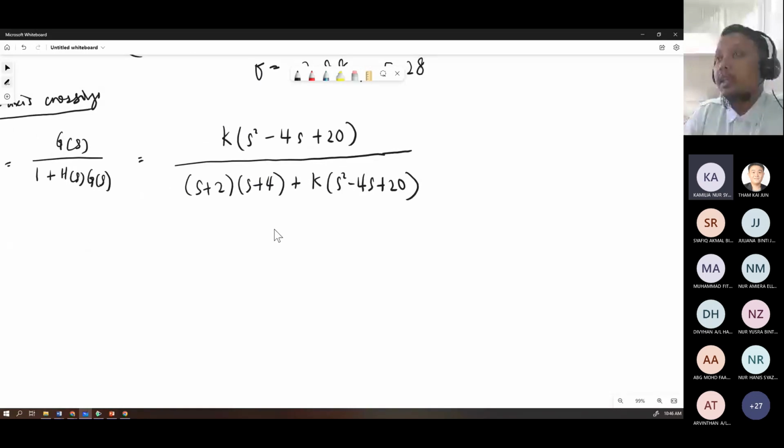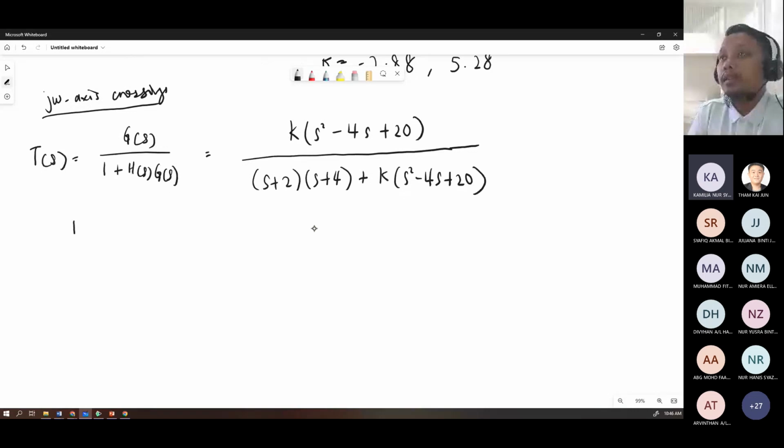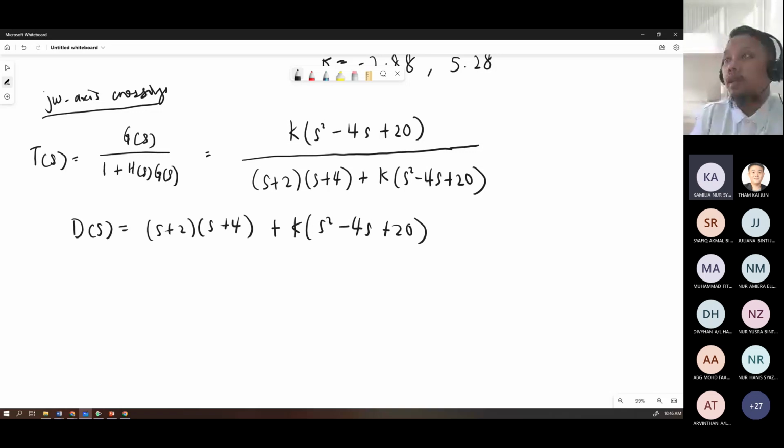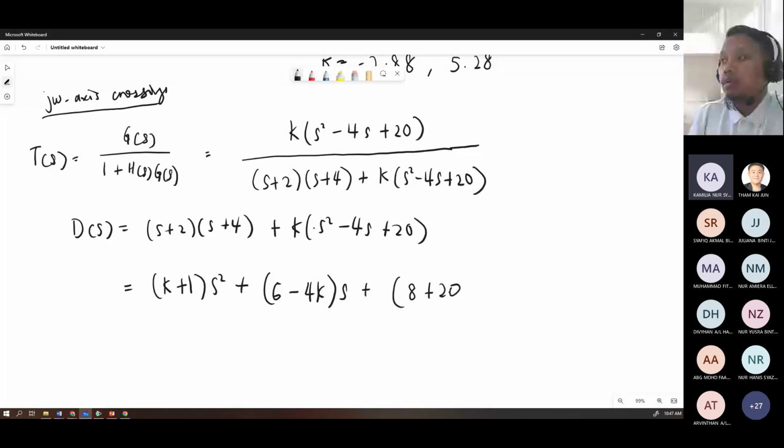Okay, now we take the denominator and then expand it before we can generate the Routh-Hurwitz table.